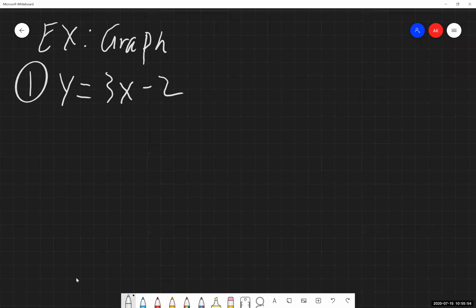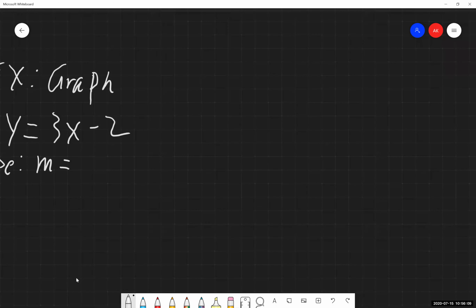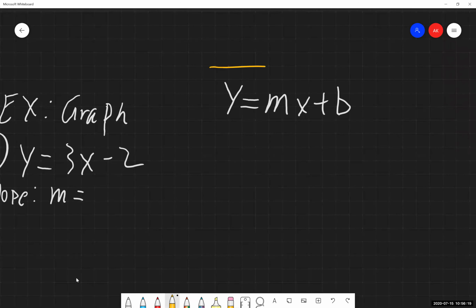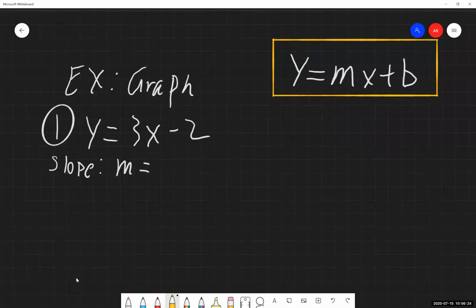When you're doing this, I would recommend that you write out for yourself something to the effect of slope m equals, and then we're going to reference back to our general form for the slope-intercept form of equations, which we'll put up here. Put a little box around this so it stays safe while we're working through these things.